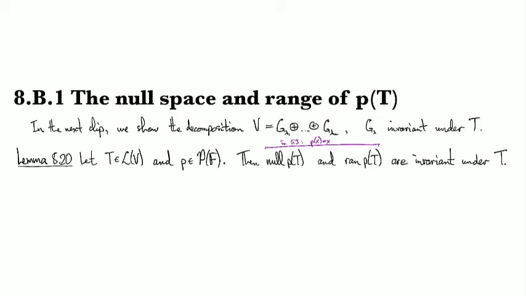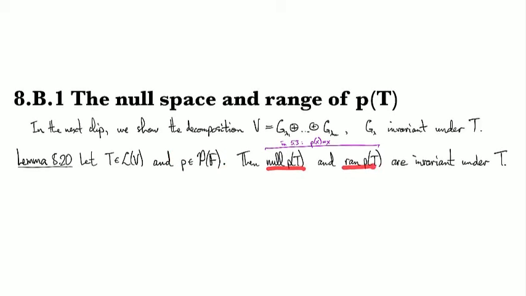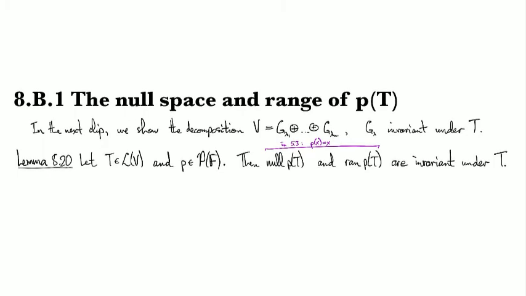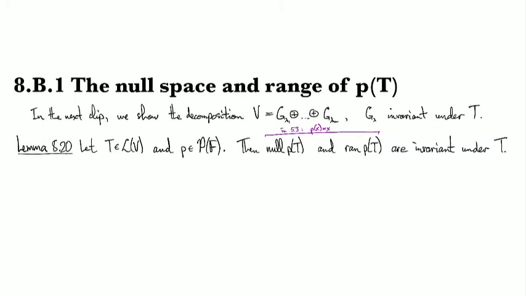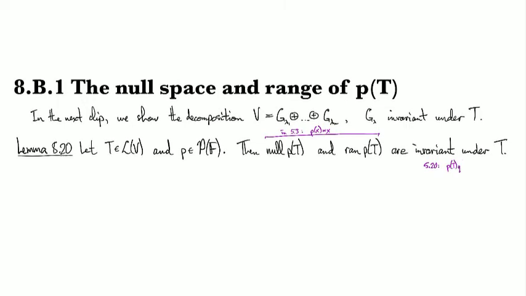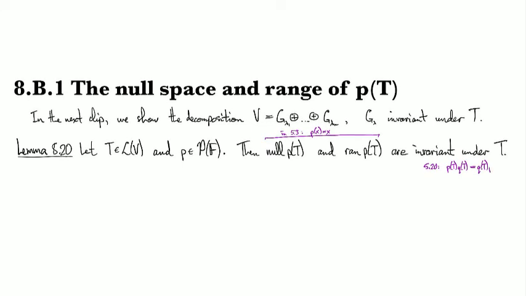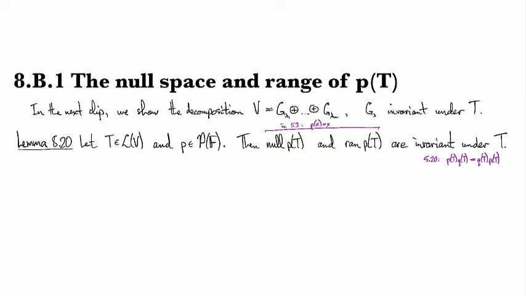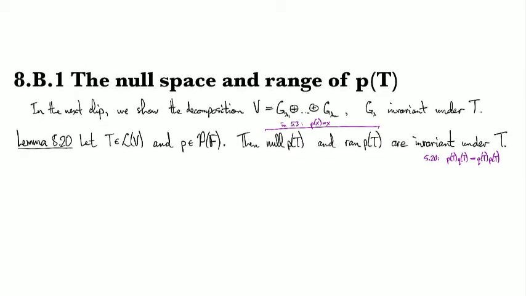If P is any polynomial, we're going to prove that the null space of P(T) and the range of P(T) are both invariant under T. The trick for doing this is going to be using the result from 5.20, which is that polynomials in T commute with each other, so you can write them in whichever order you like. Okay, so let's do it for real.